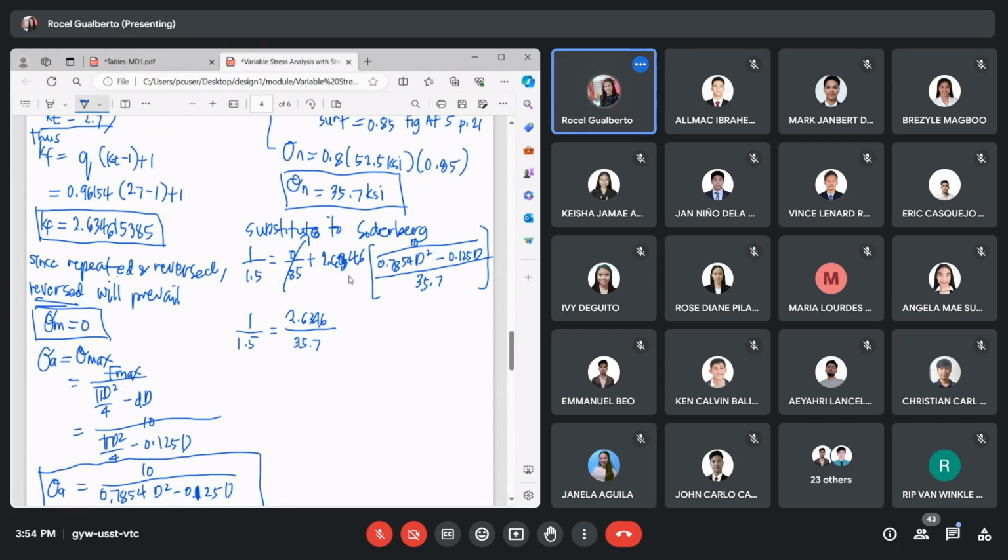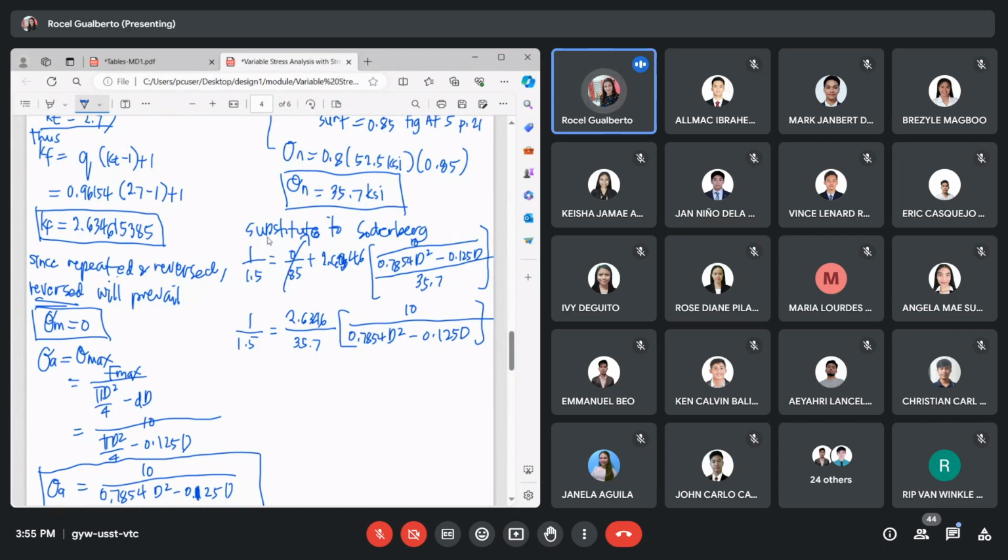Okay? Multiplied by 10 divided by 0.7854 d squared minus 0.125 d. So, you try to simplify now po. Okay? So, ang gawin niyo po, ay divide natin, tapos i-transpose po natin to the other side.